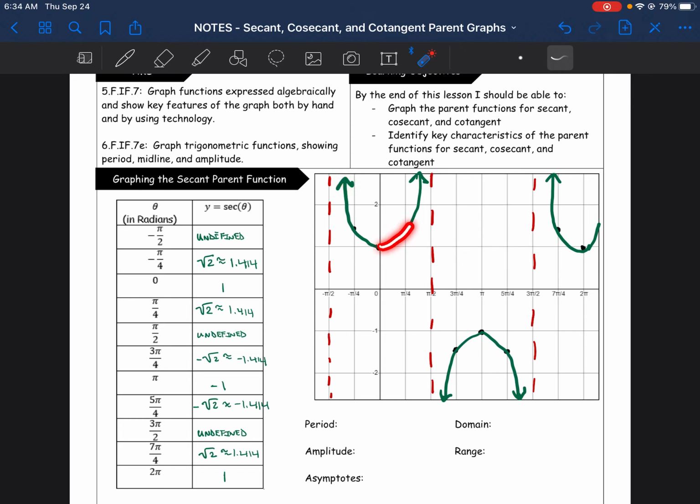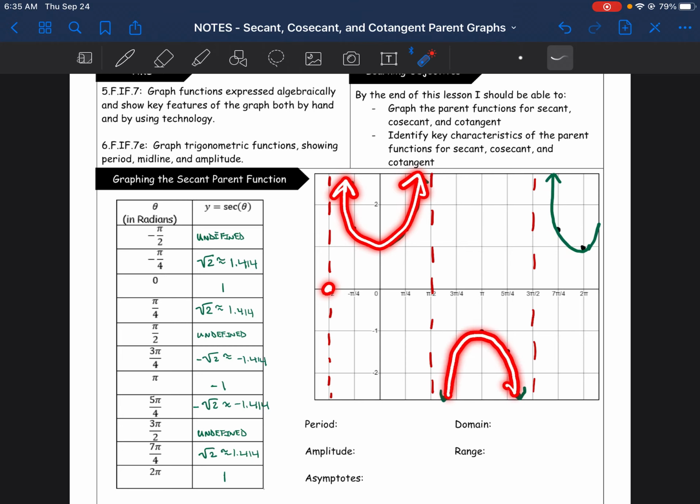So let's kind of think about this here. There, there, there. And then once we get to that point, the cycle would start to repeat itself. That's one way we can look at the period. So the period would be 2 pi. An easier way maybe to look at it is just to look at this positive section, which would start at negative pi over 2.